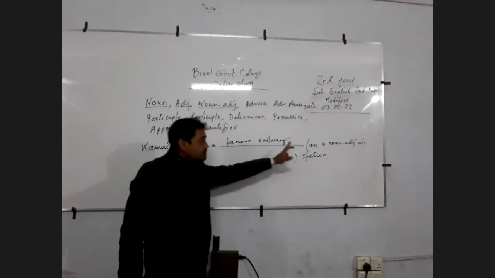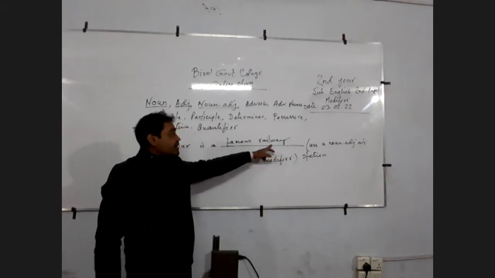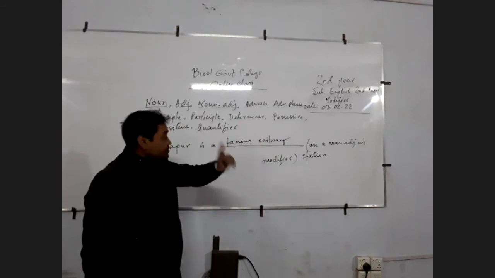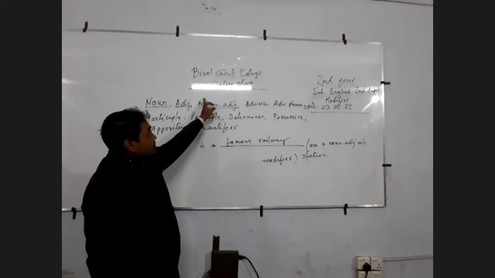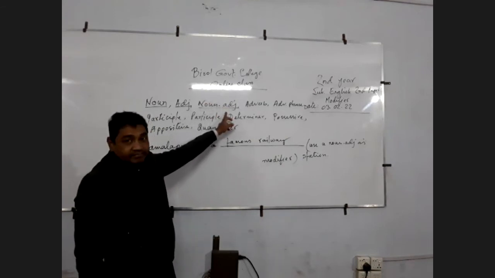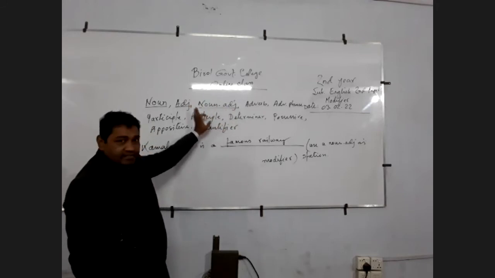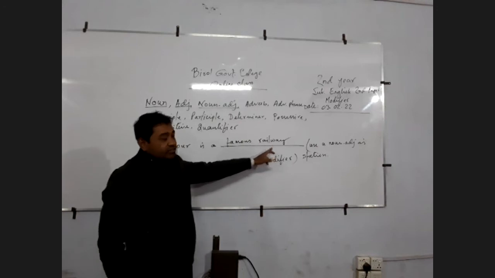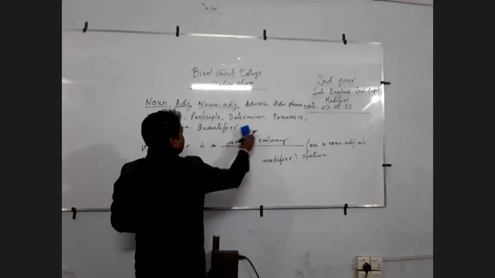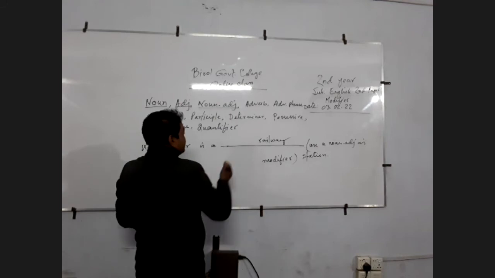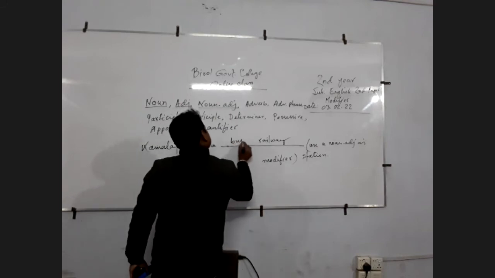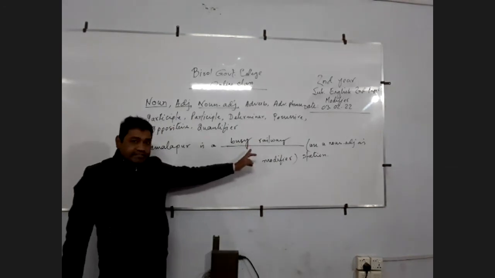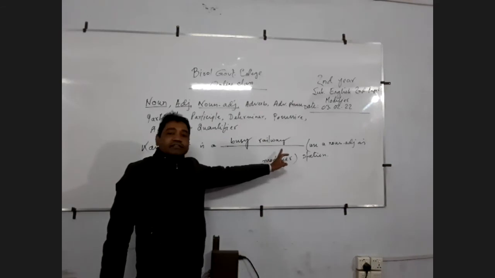Station is a noun, railway is also a noun, and famous is an adjective. So I have said before that though you will get noun adjective, the adjective will be used first and then noun. So famous adjective, then noun. You can also write here, Kamalapur is a busy railway station. You see, busy is also an adjective and then railway, noun.